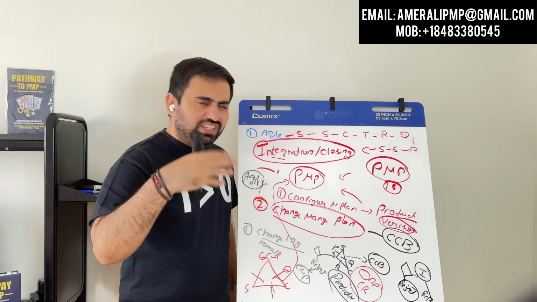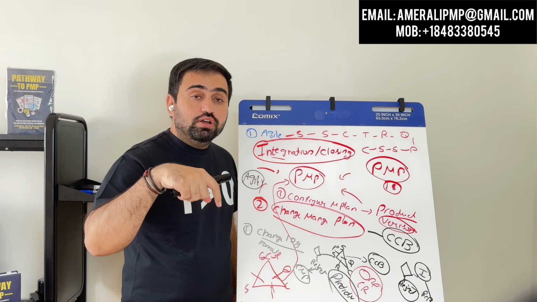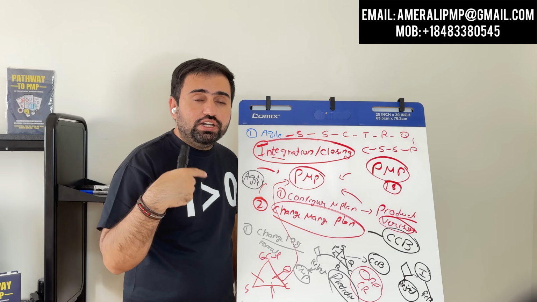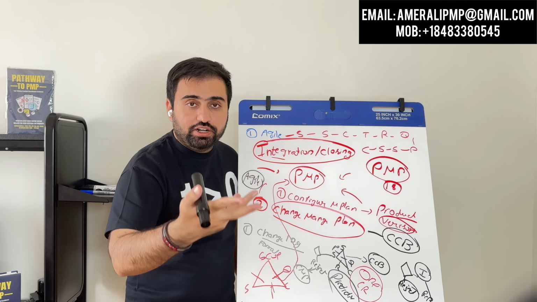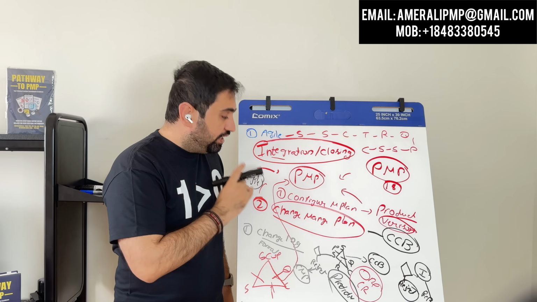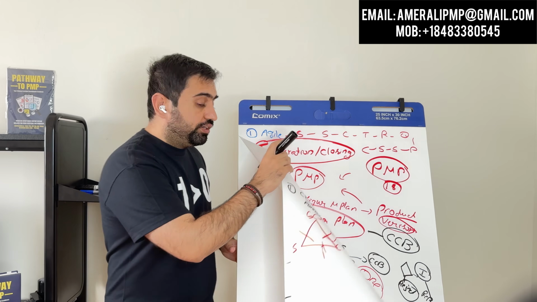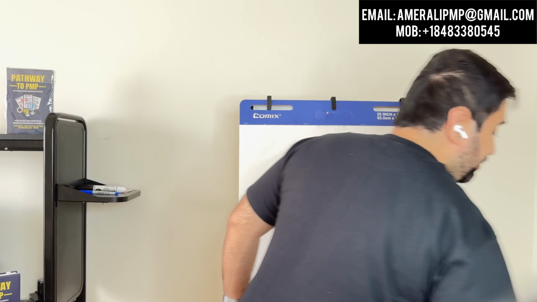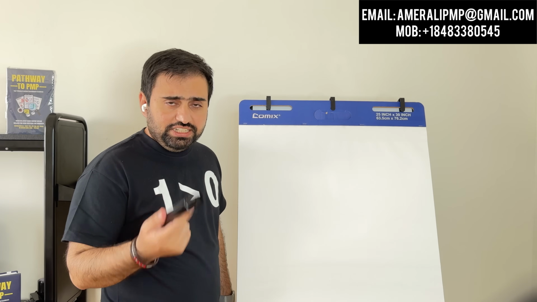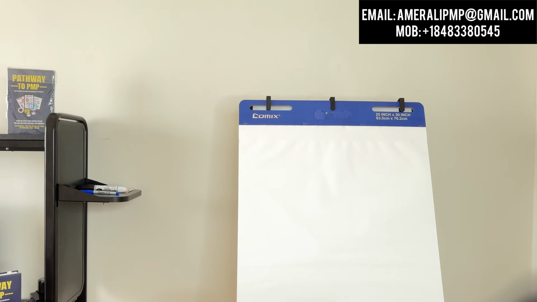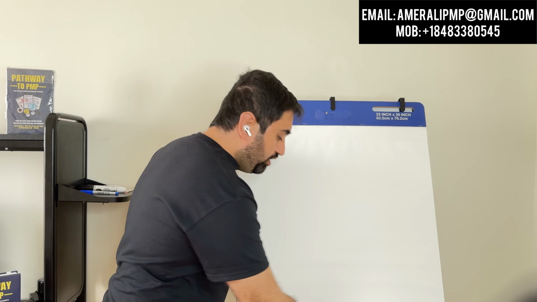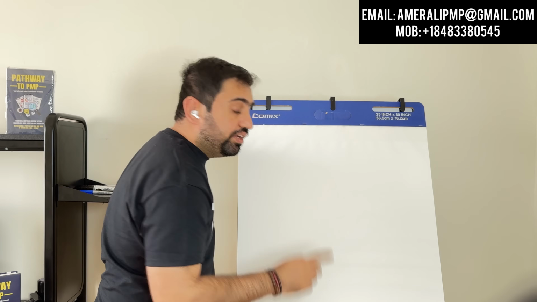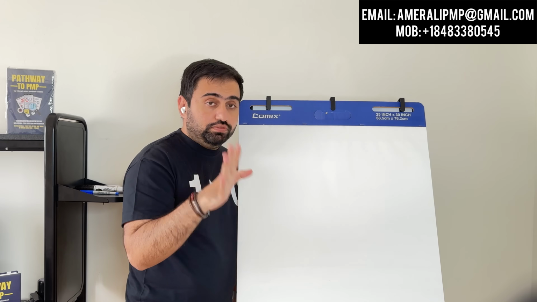Once the changes are in the product backlog, he prioritizes by value and risk, and if it is needed, we will handle it accordingly. But in summary, all the changes in agile come to the product owner. If the question does not say it's agile or it's predictive, we will consider that question as hybrid, and in hybrid we will follow the predictive method of change control.